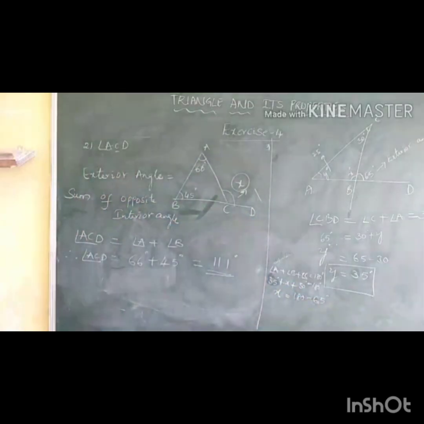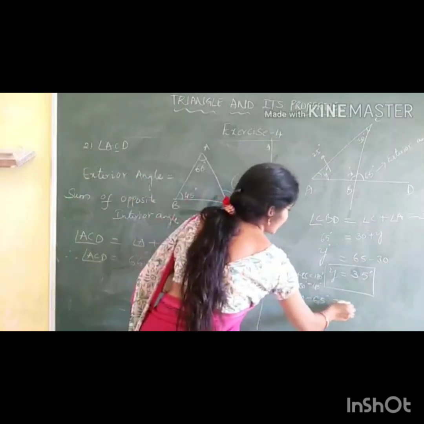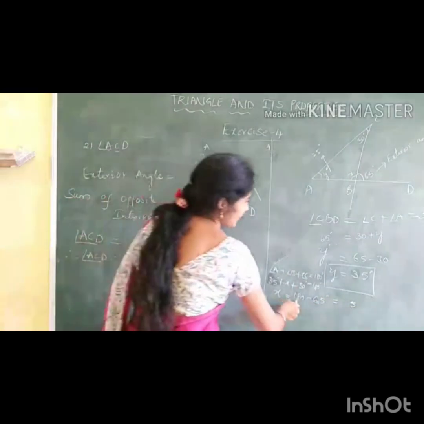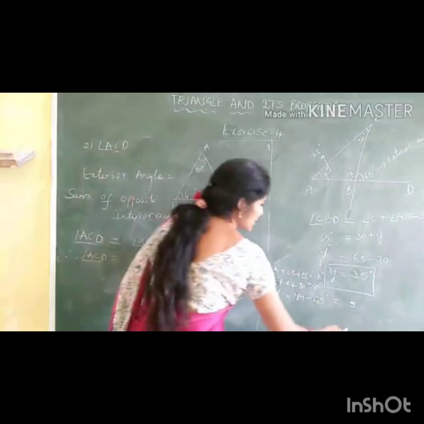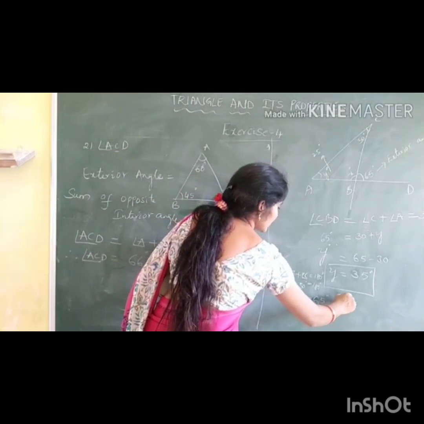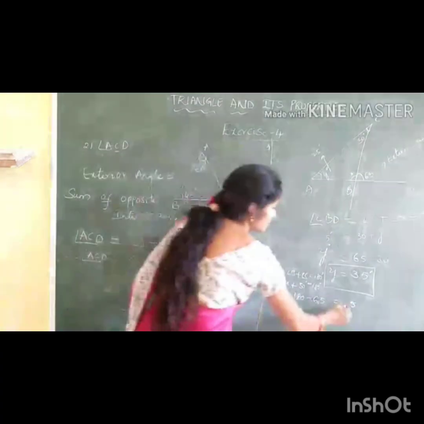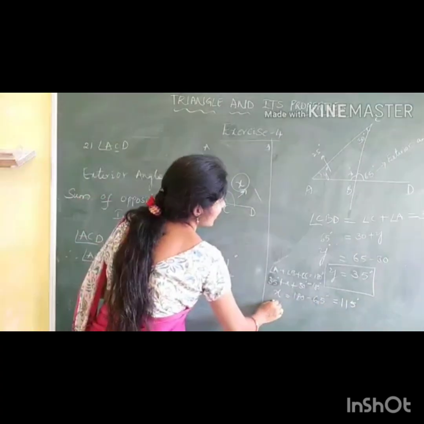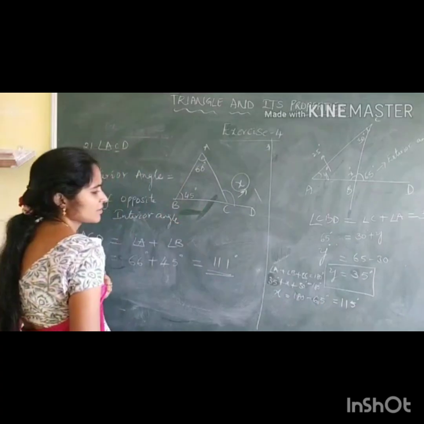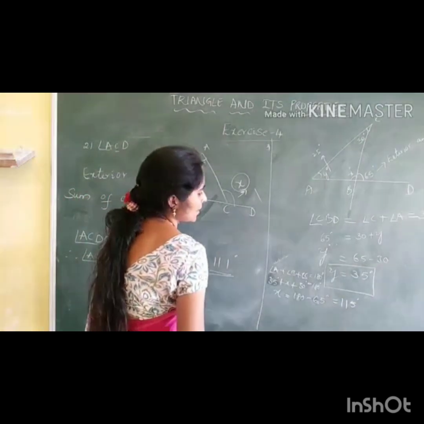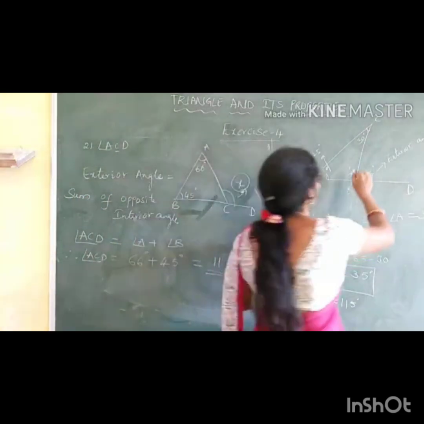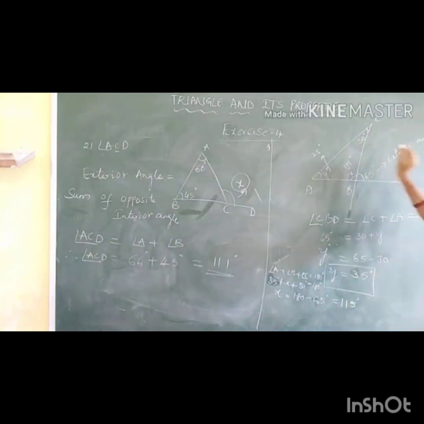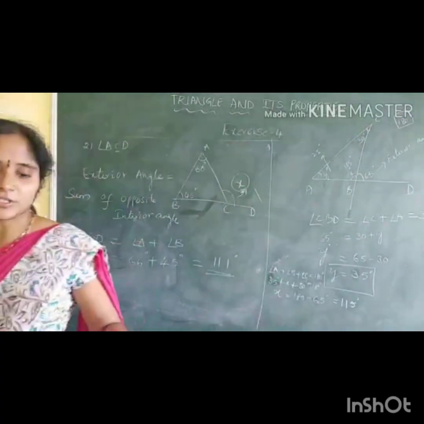So 180 minus 65 is 115. So this is 115, this is 65. If you add these two, you can get 180. Then those are said to be a linear pair. Understood? Coming to the next question.